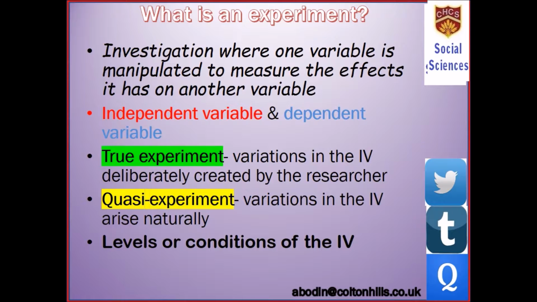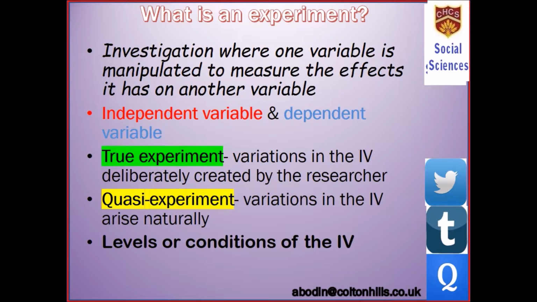A great example of this is the research by Loftus and Palmer into leading questions, where the independent variable was the verb used within a leading question to see the DV, which was participants' estimates of speed, and the different levels or conditions were the different verbs that were used within the leading question.